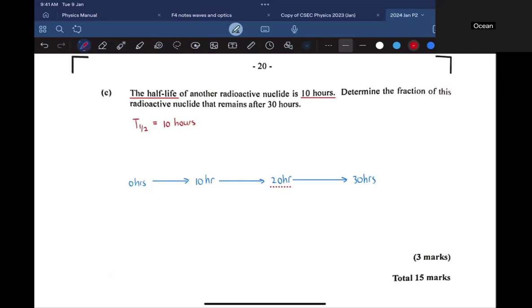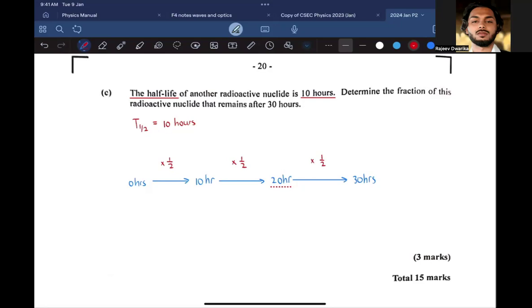Yes, sir. And after 10 hours, I would multiply the initial quantity by 0.5, by a half. Jadon, when I reach 10 hours and 10 hours pass again, we multiply by a half again.